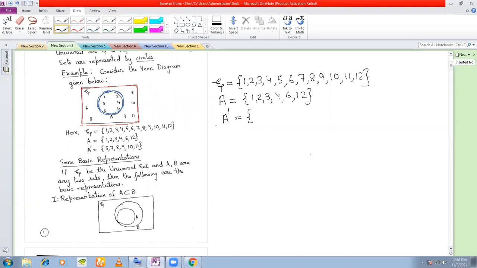Those elements which are not in the set A but which are in the universal set. So I exclude the elements within the circle. The elements outside the circle will be your A complement.